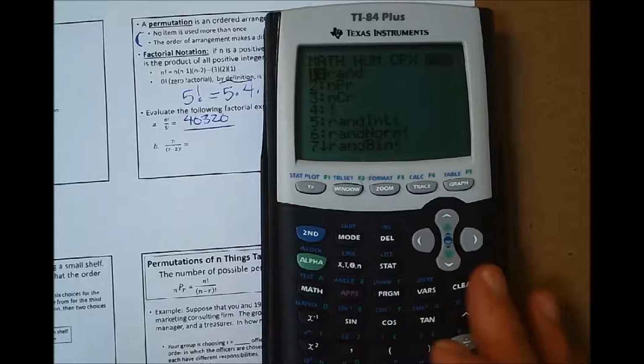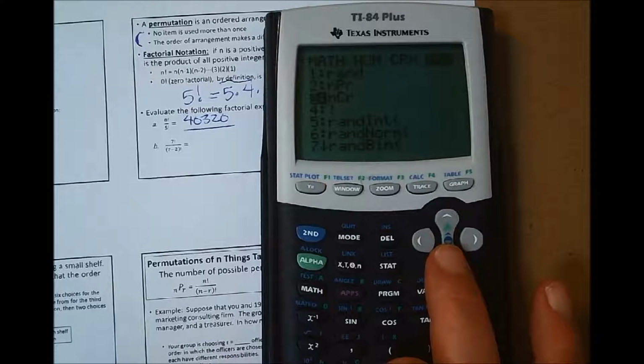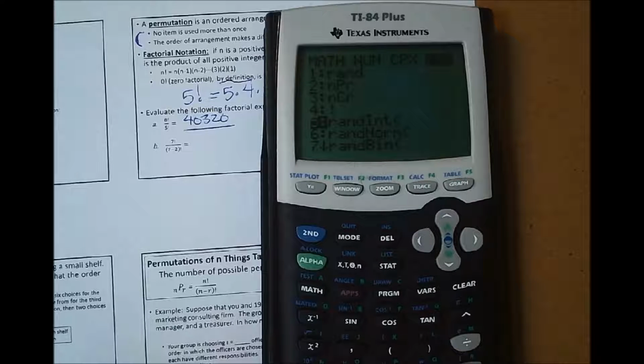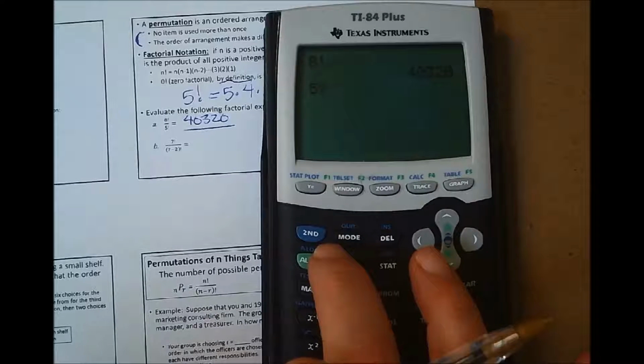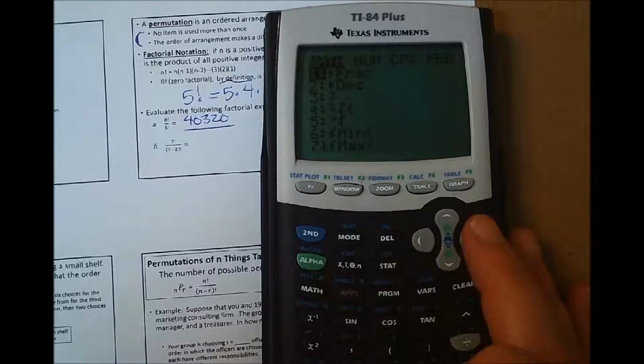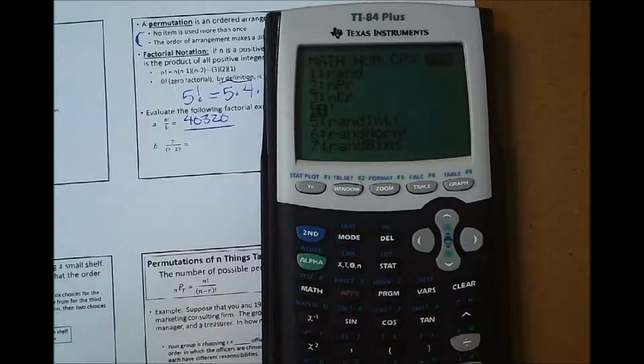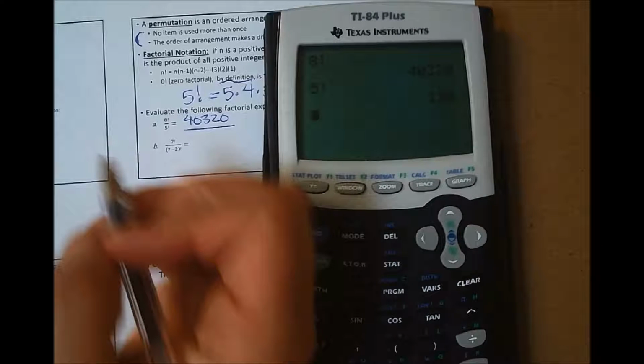And down to number 4. And enter, and we get 120.